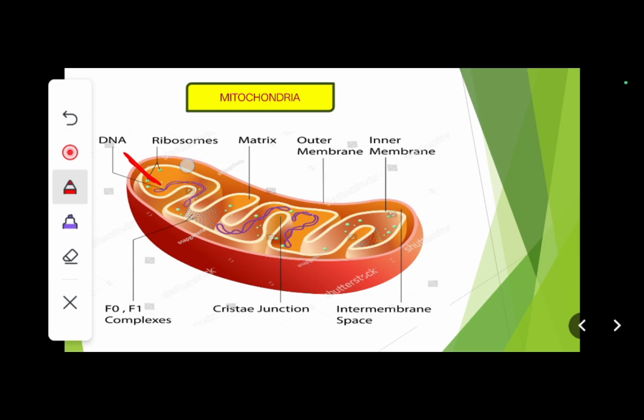And then the outer membrane. This is known as the outer membrane of the mitochondria, and this is the inner membrane of the mitochondria. The interspace between the two membranes is known as the intermembrane space, but it is also called the lumen.